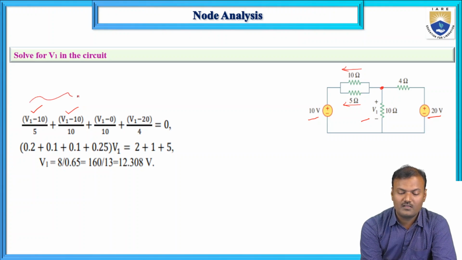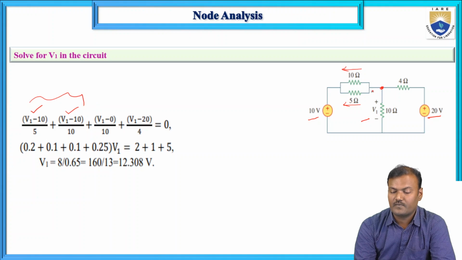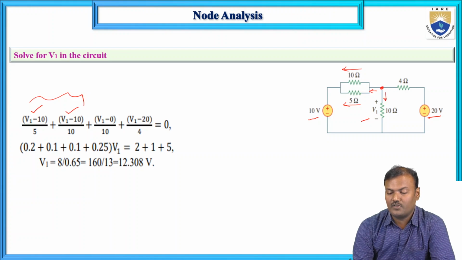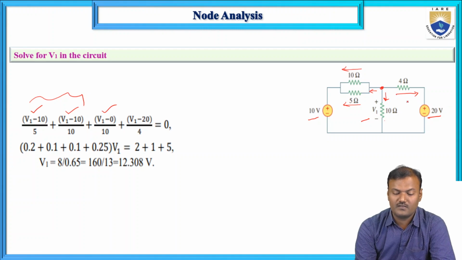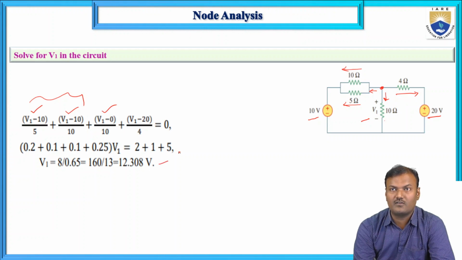These two are the single branch currents, the current which is flowing from this node. Another current is V1 divided by 10 and the third one is V1 minus 20 divided by 4. So this is equal to 0. The value of V1 is obtained as 12.308 volts.